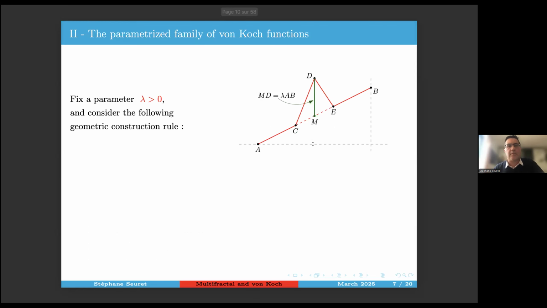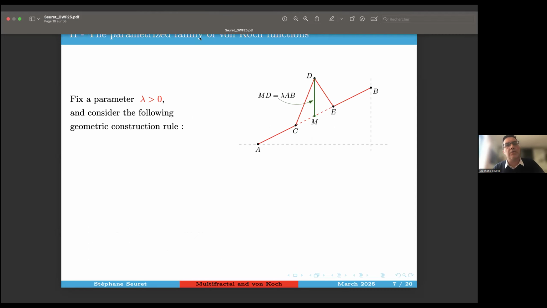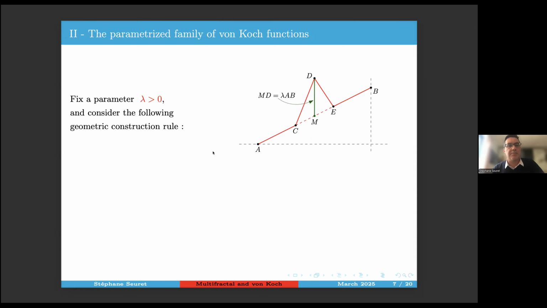Okay, so let's go back to the construction of the function, because we're going to generalize it a little bit. We fix a parameter lambda, which is fixed for the rest of the talk. The construction rule is the following. We have a segment AB that we cut in three parts.